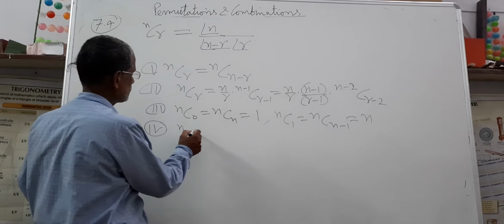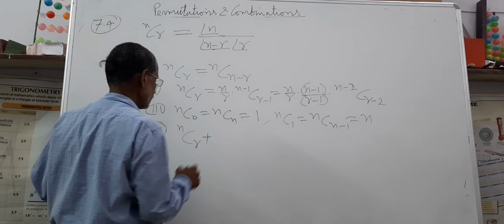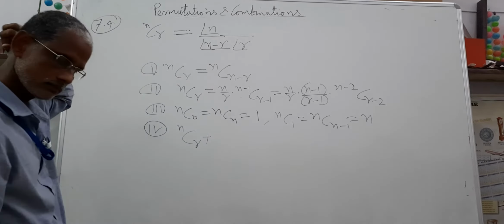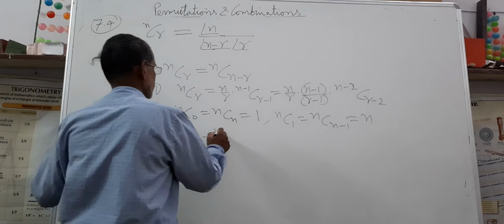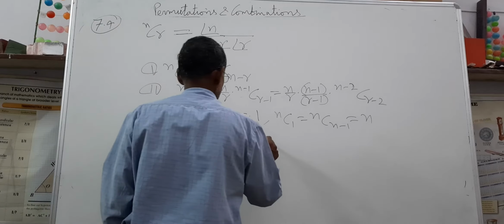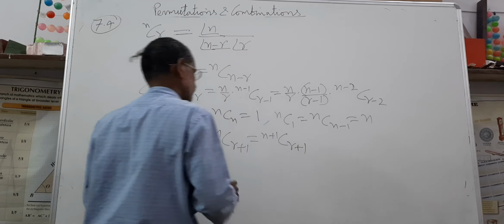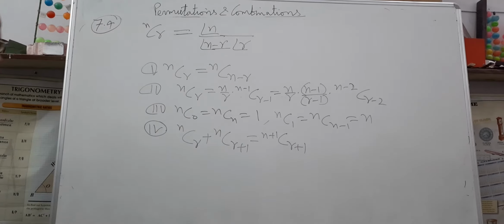Next property is NCR plus NC(R plus 1) is equal to (N plus 1)C(R plus 1). These are the properties of NCR.